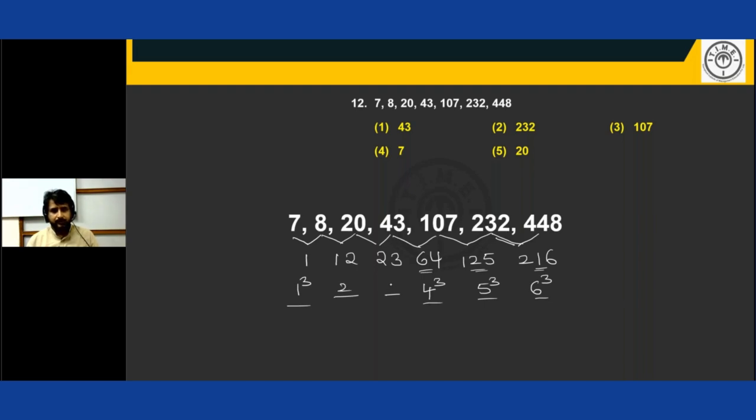Definitely the missing numbers are 2 and 3, and the logic applied is cubes. 2 cubed is 8, so 8 plus 8 should be 16. So 20 should be replaced by 16. And 3 cubed is 27. 16 plus 27 is 43, perfectly matching. So what is the wrong number in the series? 20. The differences are perfect cubes.